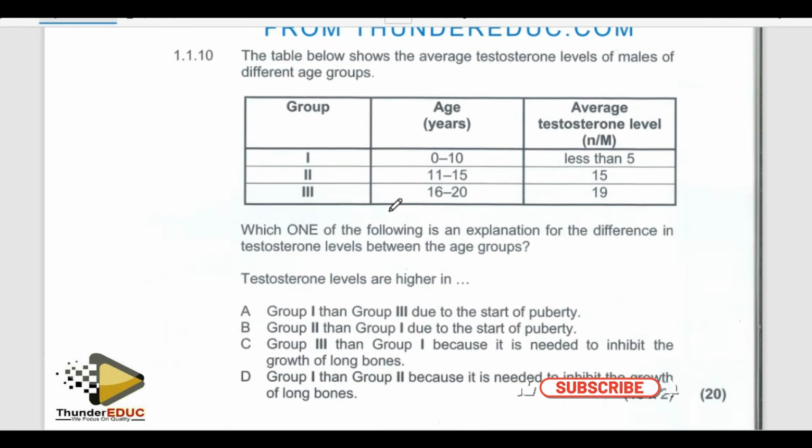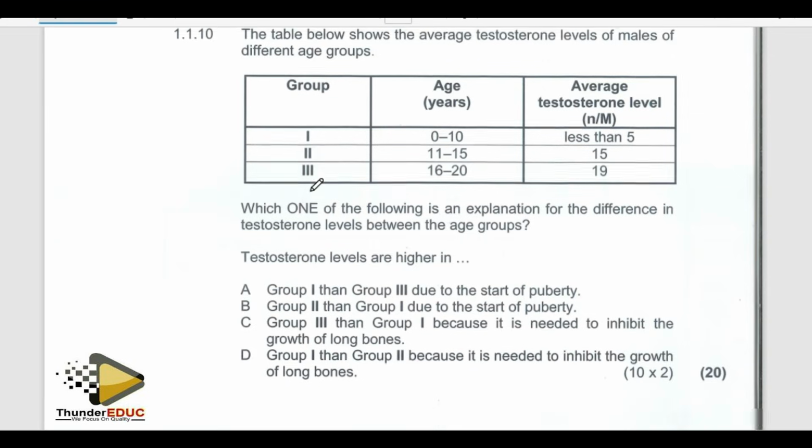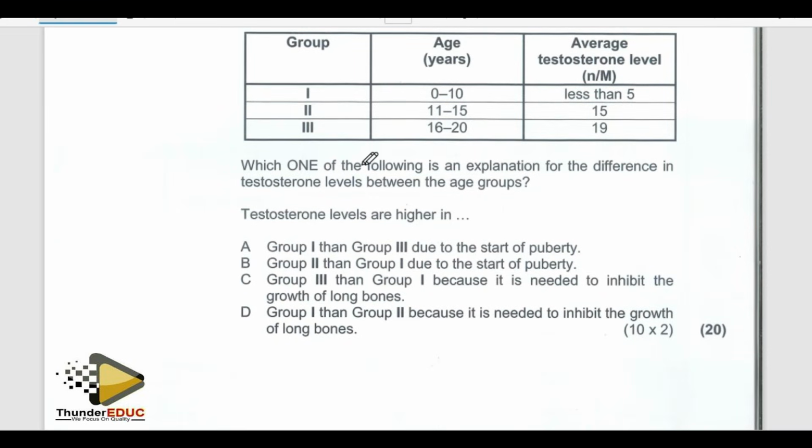They're saying the table below shows the average testosterone level of males of different age groups. Which one of the following is an explanation for difference in testosterone level between the age groups?